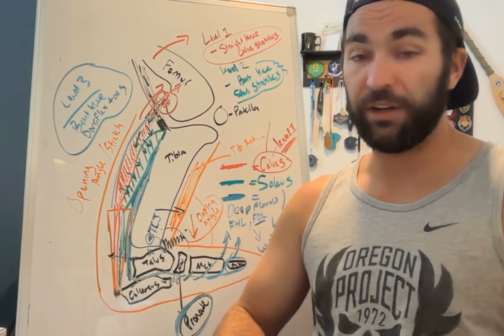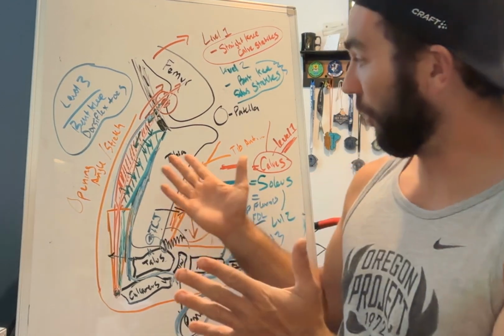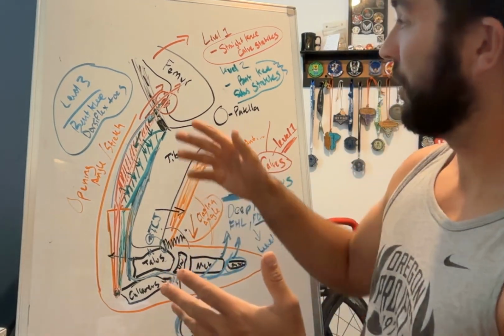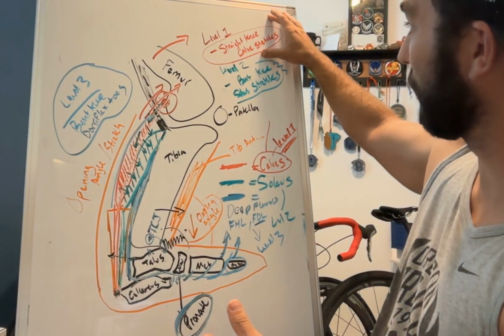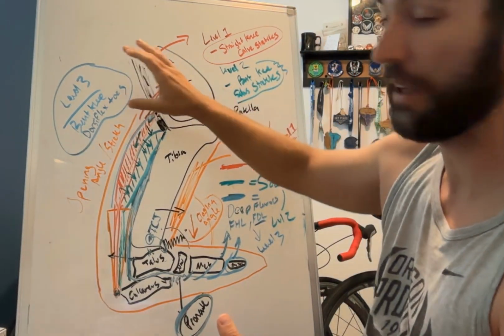And that's the importance of training your deep flexors. But also, the important thing to realize is we don't pick favorites. We should be doing work for the calves, for the soleus, and for the deep flexors.